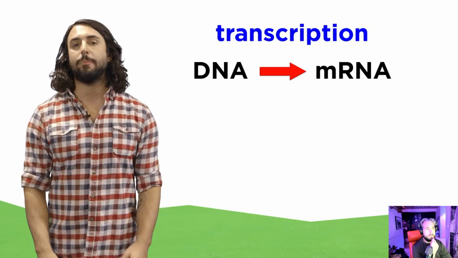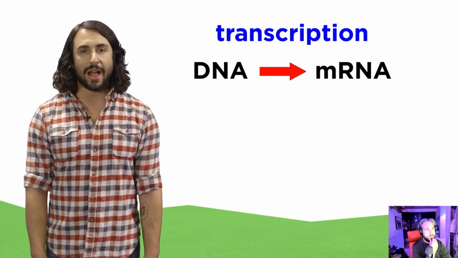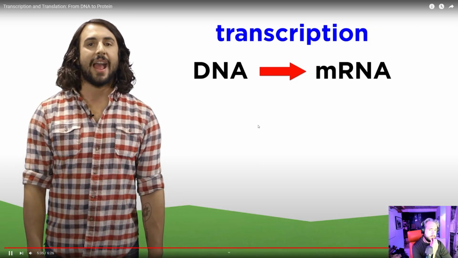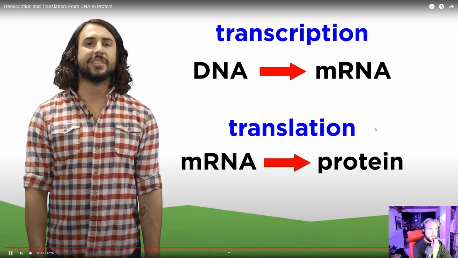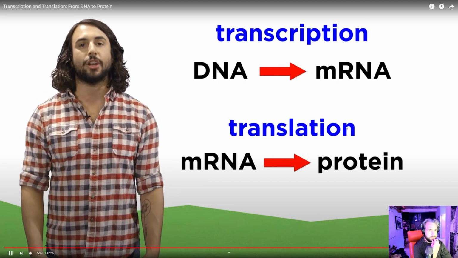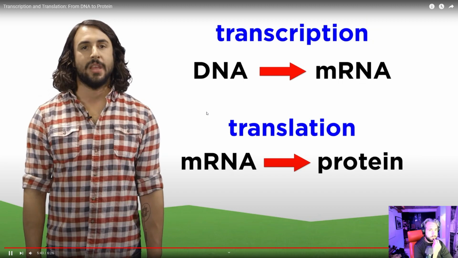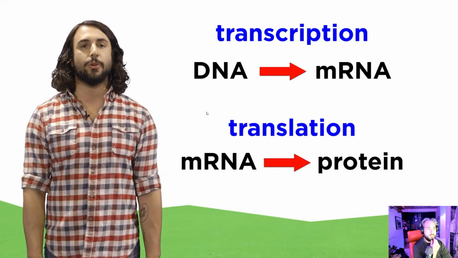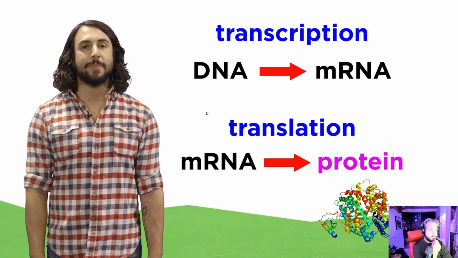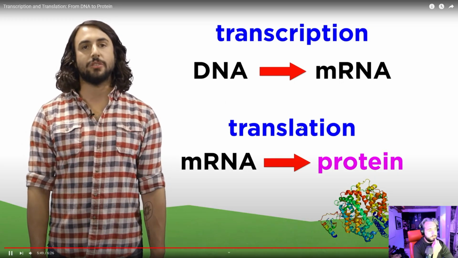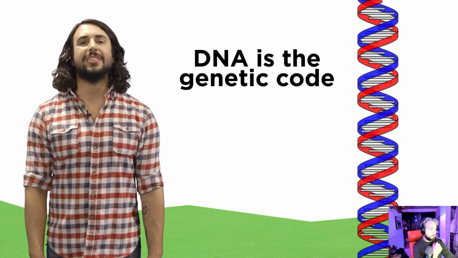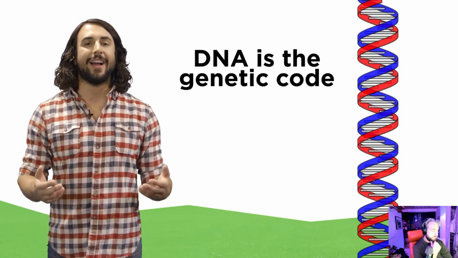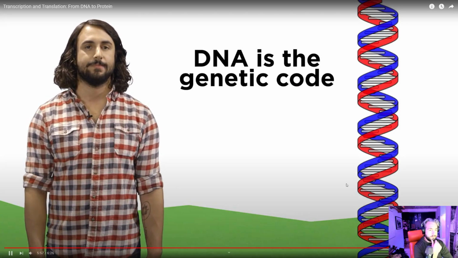So in this 2-step process, DNA is transcribed into an mRNA, and then this mRNA is translated into a protein, all simply by obeying the base pairing that occurs in nucleic acids. And since every gene codes for a specific protein, and proteins make up most of what you are, from your muscle tissue and organ tissue to all of your receptors and enzymes, this is how DNA carries the code for a living organism. Pretty cool stuff, guys.